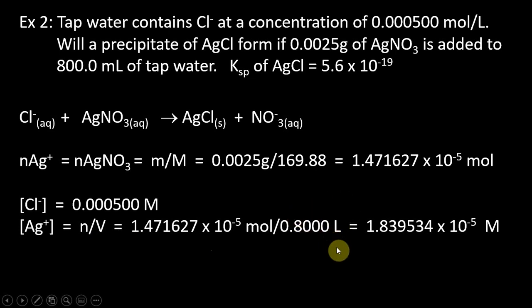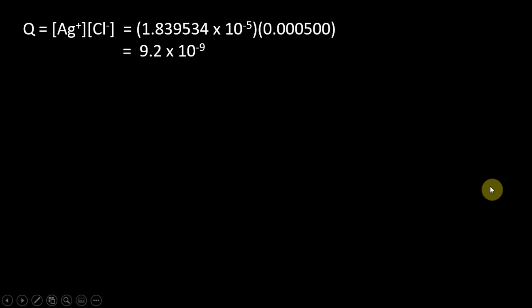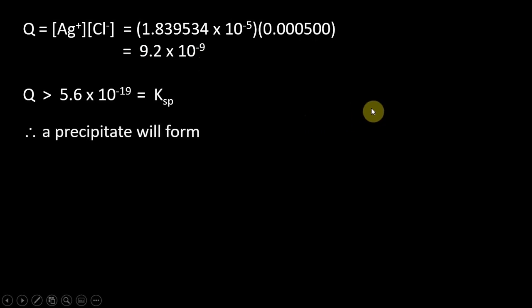It's 0.8 liters, and so we get 1.8-ish times 10 to the minus 5 molar. Calculating our ion product quotient, we get 9.2 times 10 to the minus 9. Comparing that to the Ksp, it's greater than the Ksp, and so we've got a precipitate forming.